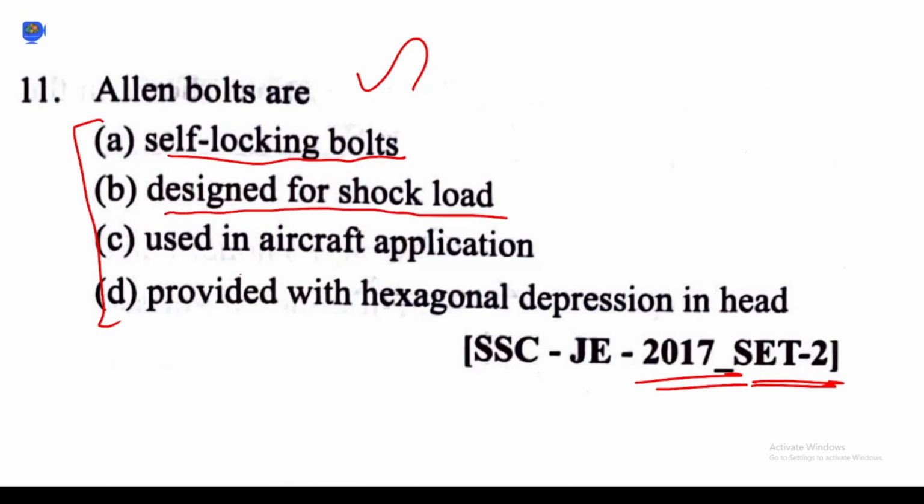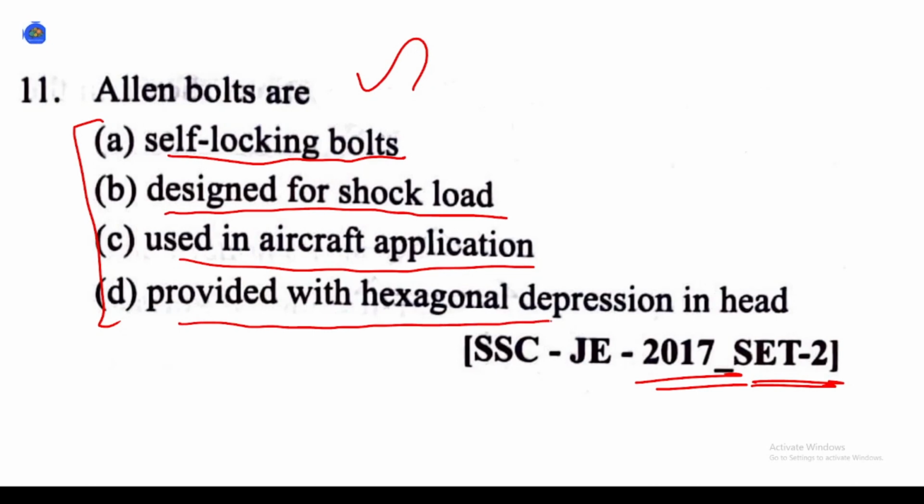This question has been asked in the same year 2017, but for set 2. Allen bolts. What are Allen bolts? You have been given four options. Option A, it is a self-locking bolt. Option B, designed for shock load. Option C, it is used in aircraft application.